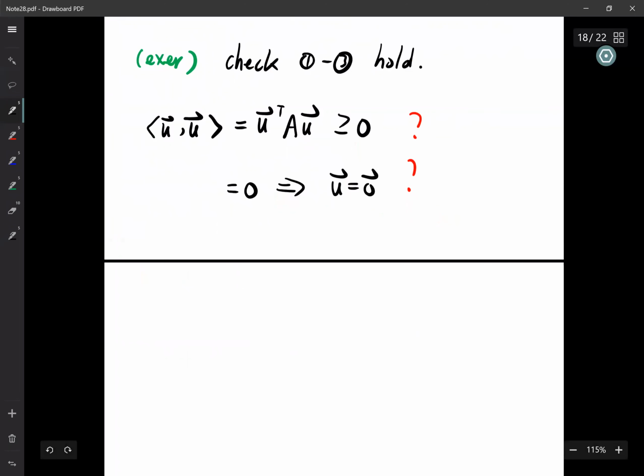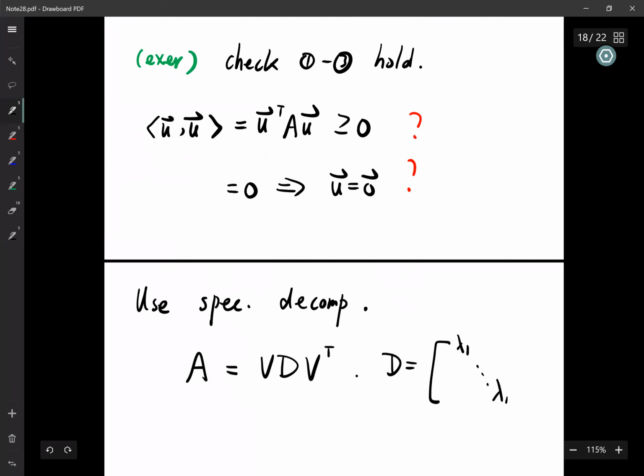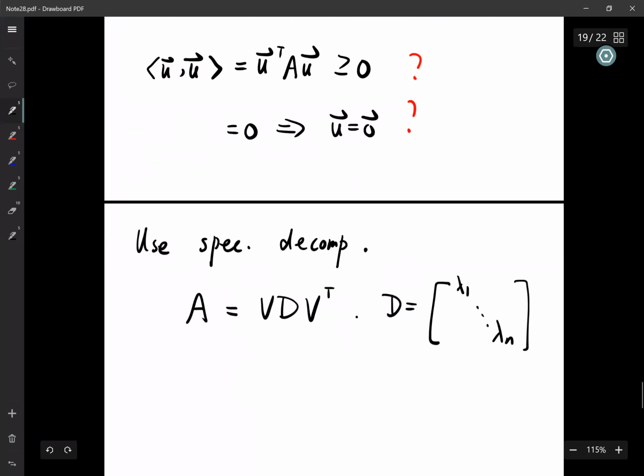So now we're going to use the spectral decomposition. A must be diagonalizable, so D is lambda 1 to lambda n, and they're real numbers.